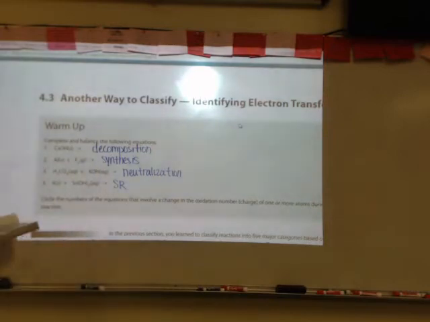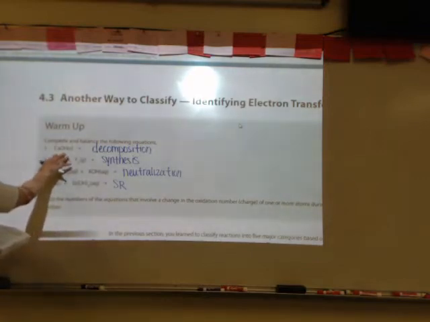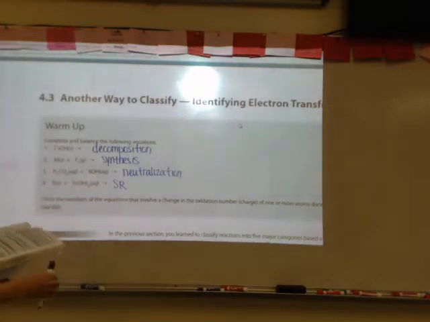Now, which of the major reaction types involved actually have some form of electron transfer? So your decomposition reaction, that one did not have any changes. It didn't have anything in elemental form, meaning you were forming cesium oxide and water. We didn't have any pure cesium or pure oxygen or pure hydrogen.